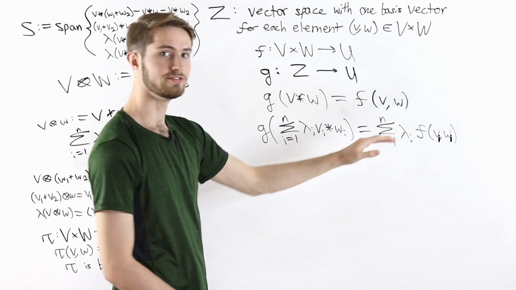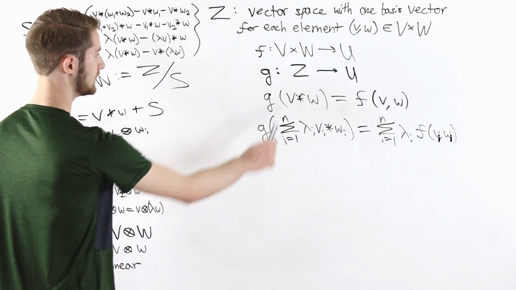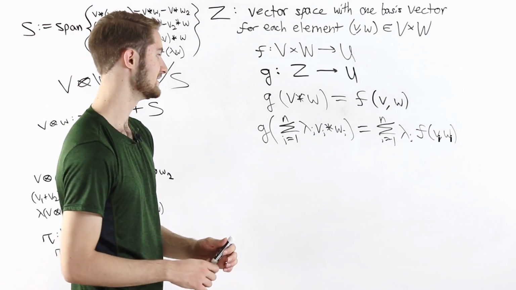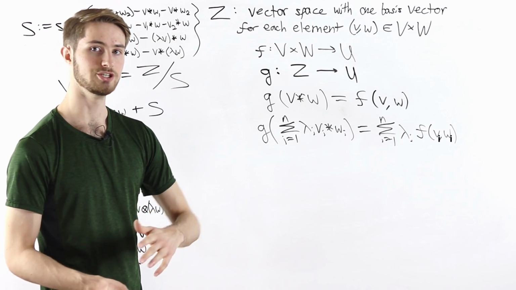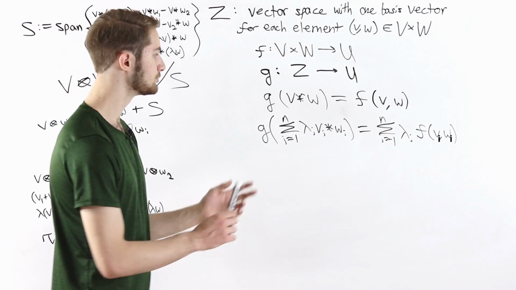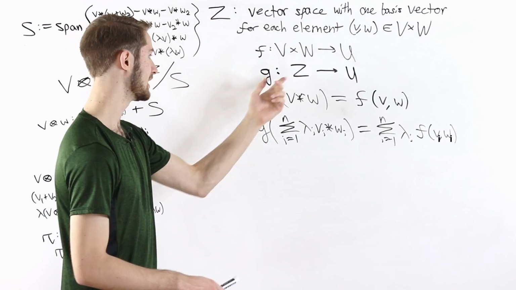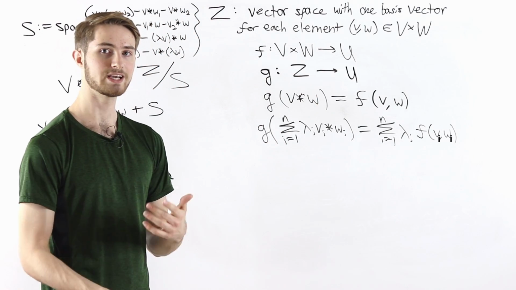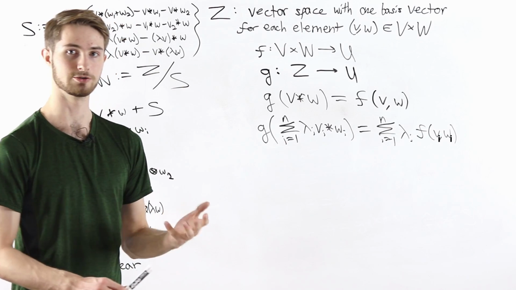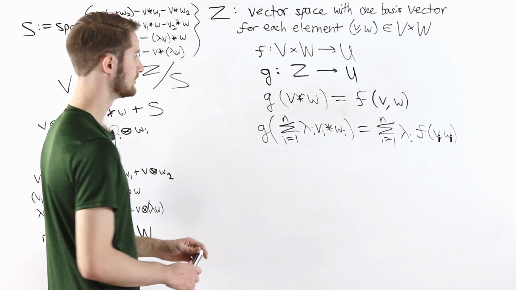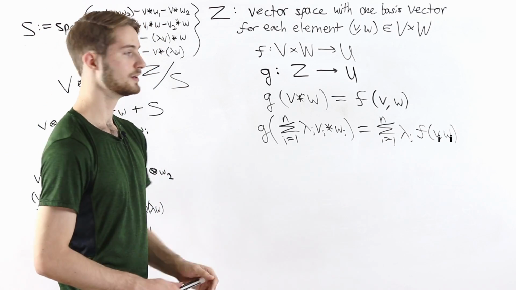So this is our definition of g for an arbitrary element of the vector space Z. And because we defined g by assuming that it's linear, it's pretty straightforward to check that this definition of g here is in fact a linear map from Z to U. So you can check each of the conditions for linearity directly if you're interested. So we've accomplished the first part of our objective.